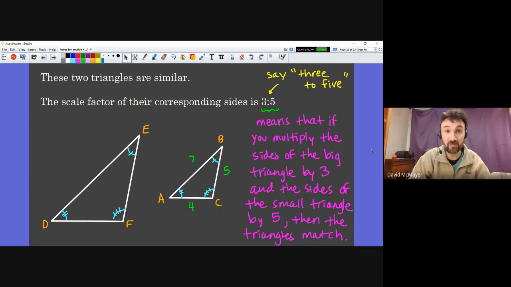You're going to make both shapes bigger, and those bigger copies of these two triangles are going to match. That's what a scale factor means.